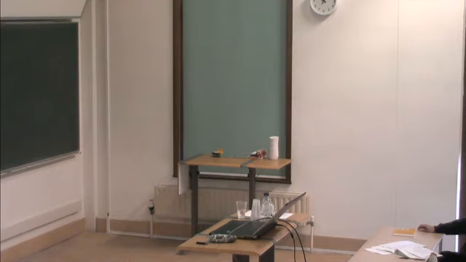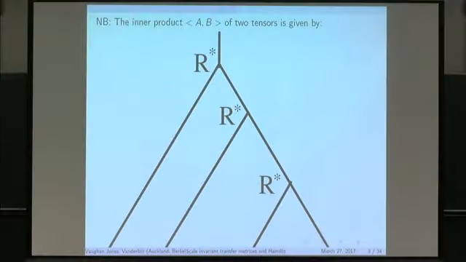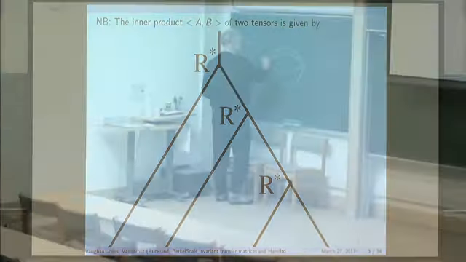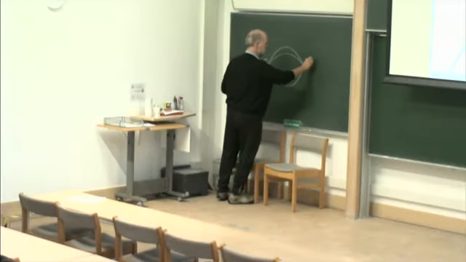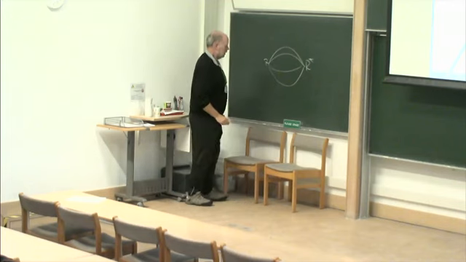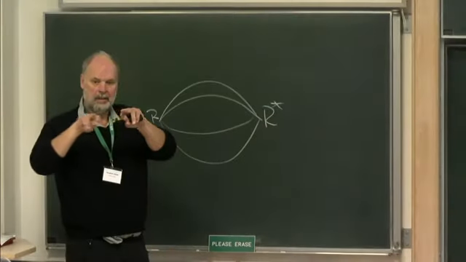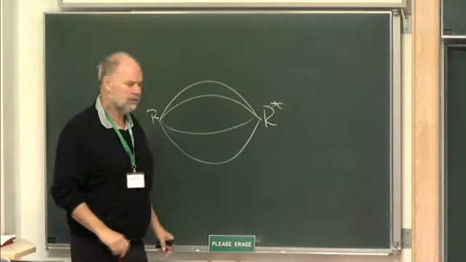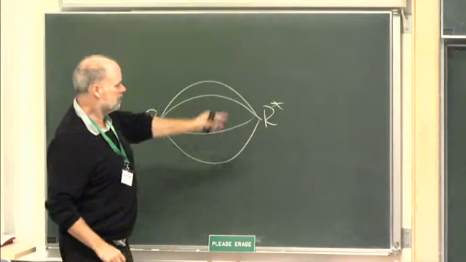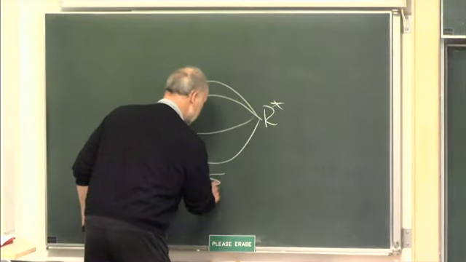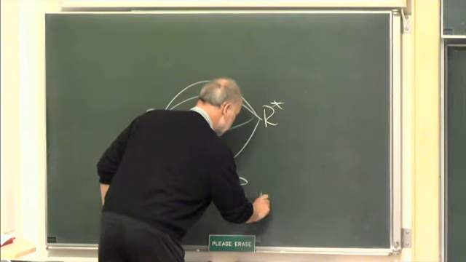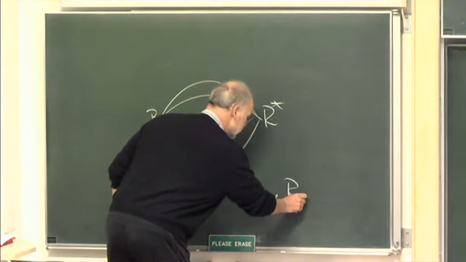The inner product between two tensors, you just take the tensors and you put, say, R there and R star there. And R star is just, you take the R tensor and then you read the indices backwards and you take the complex conjugate. And if you follow the conventions, this is nothing but the sum of R_IJKL times R star_IJKL.